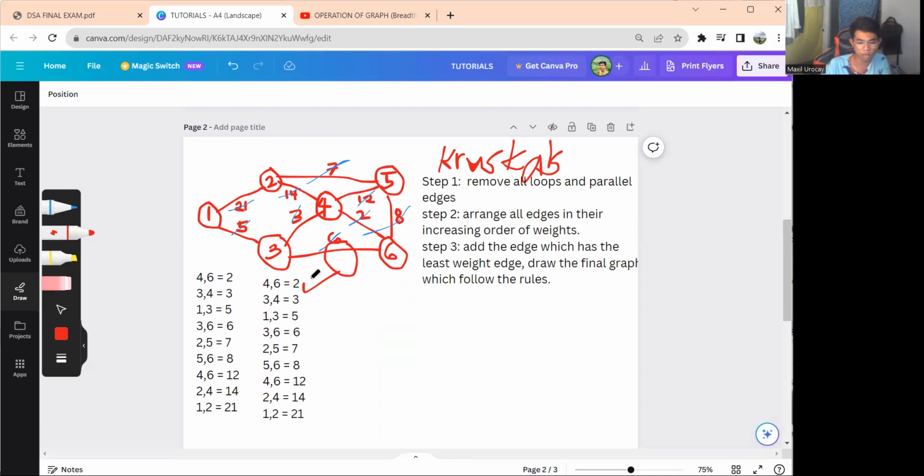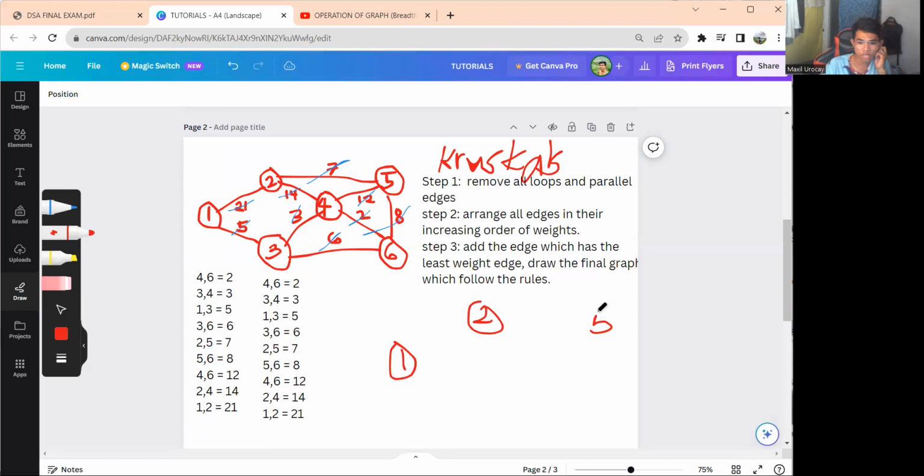Gets? Okay. All right, class. So let's proceed now to our next step, which is step 3. So 4 to 6, we'll draw first our particular graph.